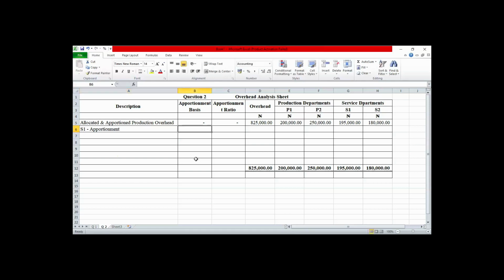What is the base of the apportionment? Service rendered. Service rendered, 40%, based on the service rendered. Yes, sir.